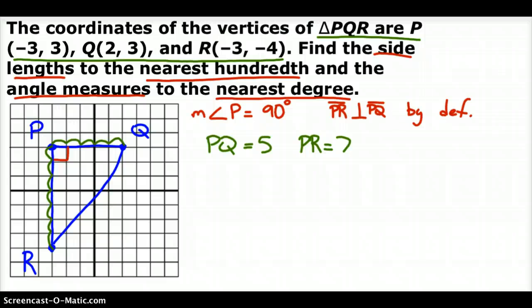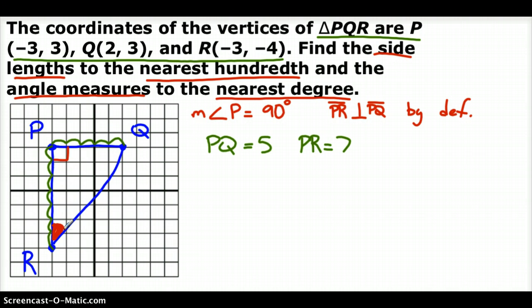So I could say, let's maybe look at this through the lens of angle R. Okay, so if I'm looking at angle R here, again, I'm going to show my work in red. I want to look at the side lengths that I know if I really want to know that measure.